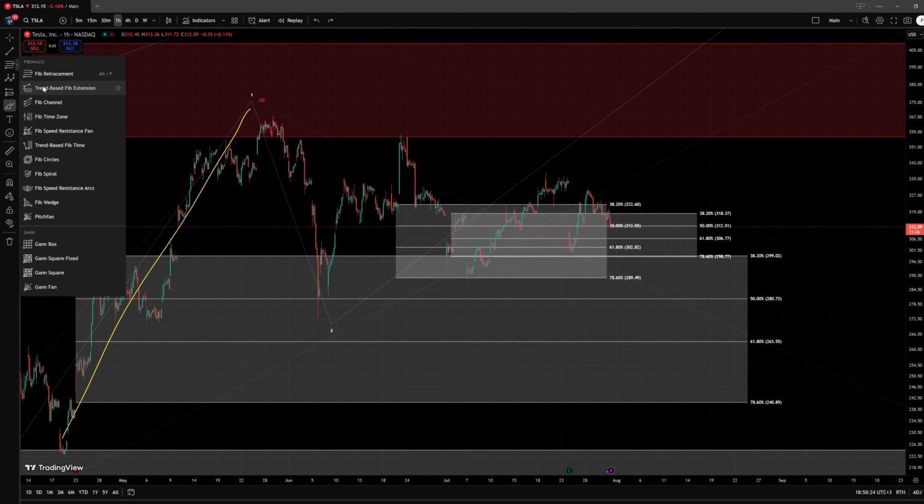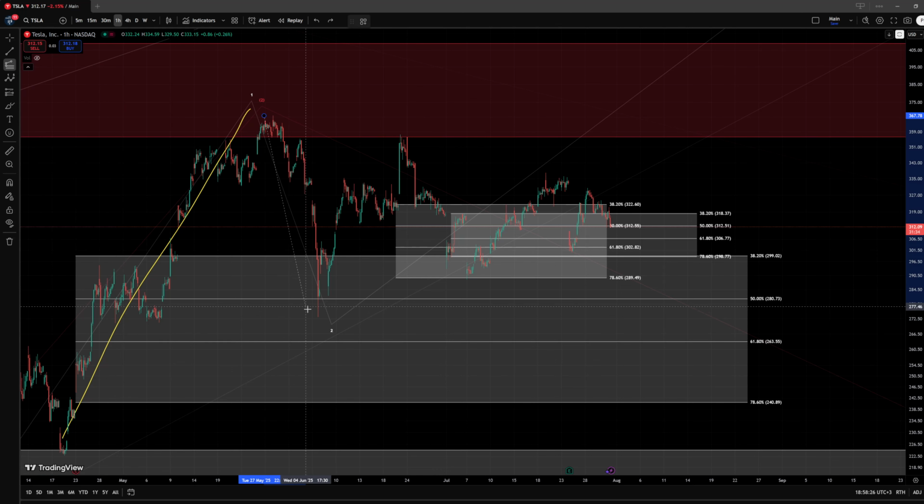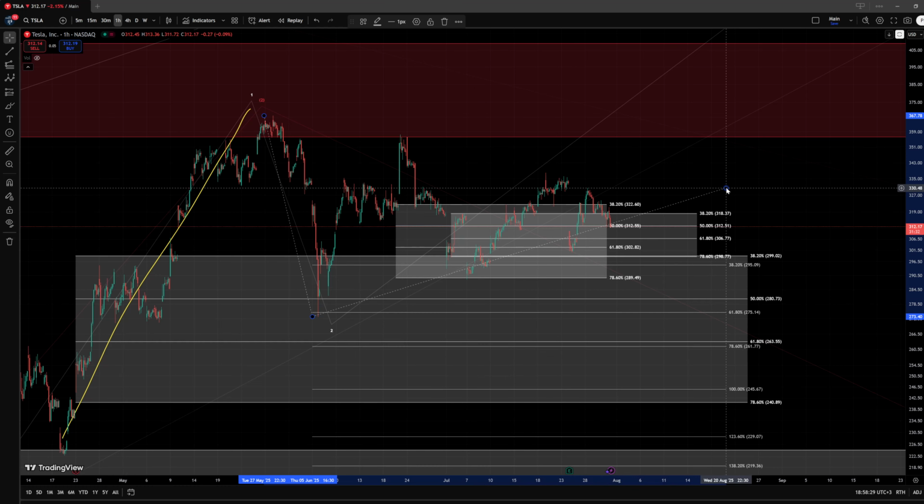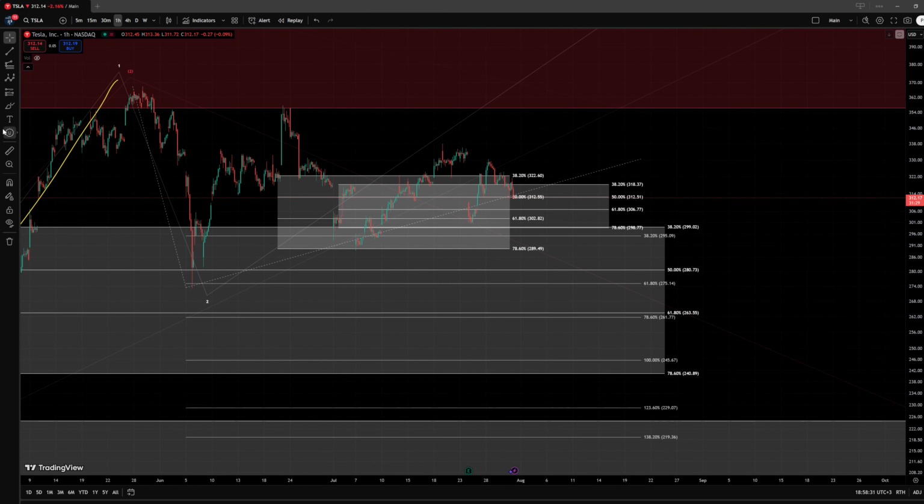An ideal target for that C wave would be, in this case, I wouldn't necessarily expect the 100% extension. That is the ideal target, but realistically between the 61.8% extension and down to the 78.6%, so between $263.5 down to around 241, those would be the targets I would be looking for a low. But keep in mind, it doesn't need to get there, it doesn't need to stop there.